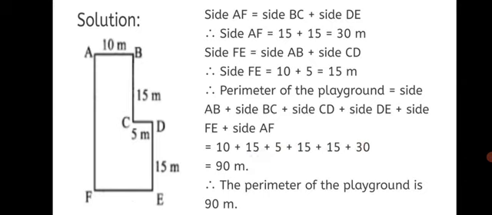Therefore, the perimeter of the playground is 90 meters. So first we found the missing sides by looking at the sides opposite to it, and then we added all the sides to get the perimeter of the given figure.